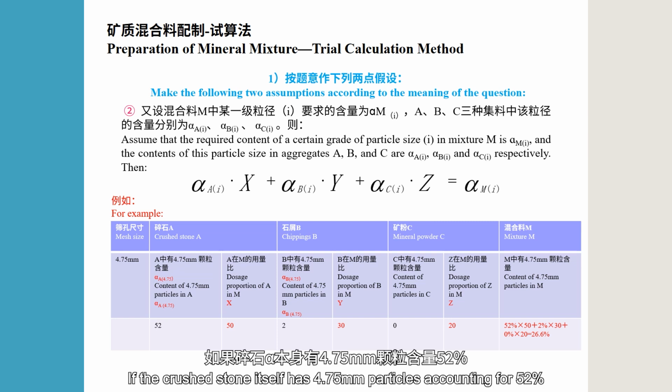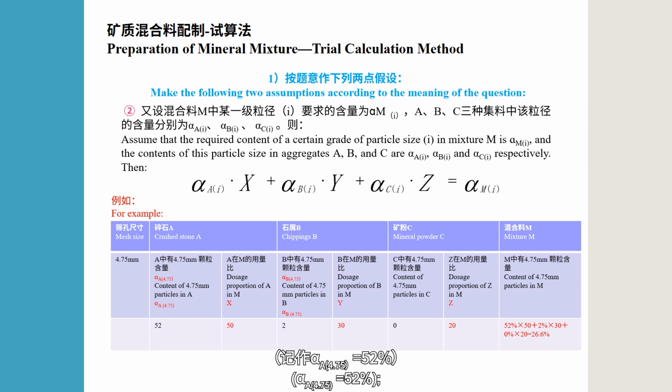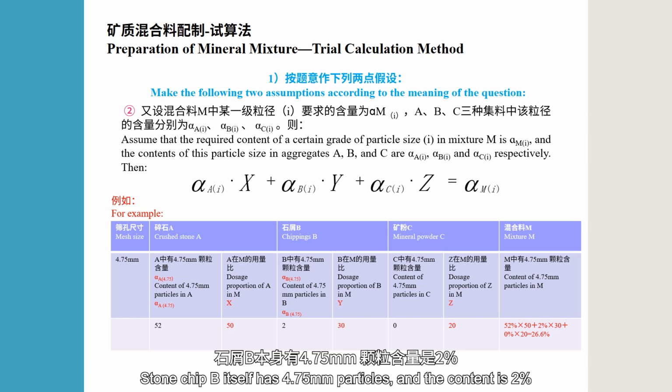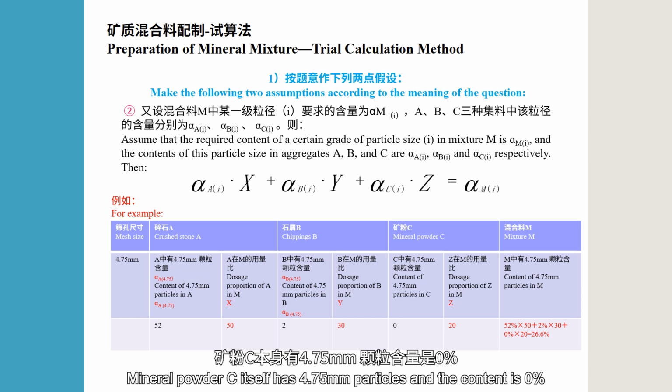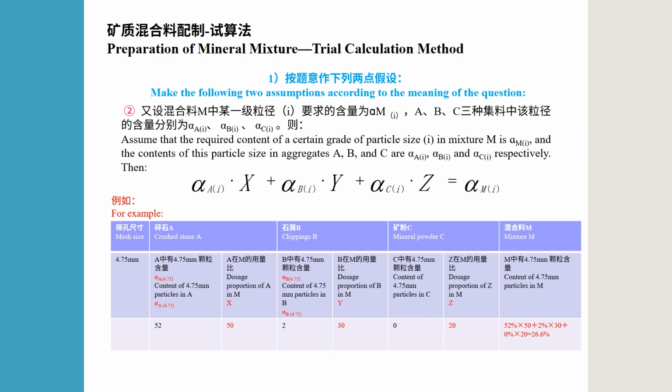If the crushed stone itself has 4.75 millimeters particles accounting for 52%, or alpha A 4.75 equals 52%, stone chip B itself has 4.75 millimeters particles, and the content is 2%, recorded as alpha B 4.75 equals 2%. Mineral powder C itself has 4.75 millimeters particles, and the content is 0%. Recorded as alpha C 4.75 equals 0%.